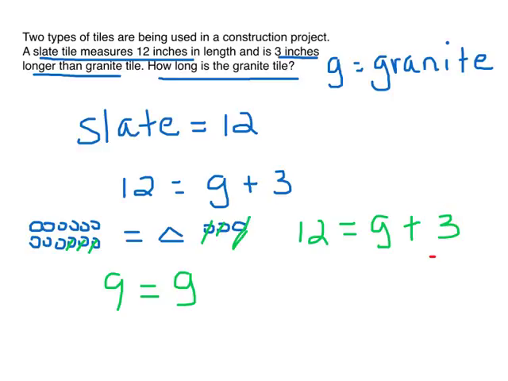So I would say take away 3, and I would also have to do it on the left side of the equal sign, just like I did with my symbols. So I take away 3 on both sides. So when I subtract out here, 3 take away 3 is going to be 0, and I'm left with G.